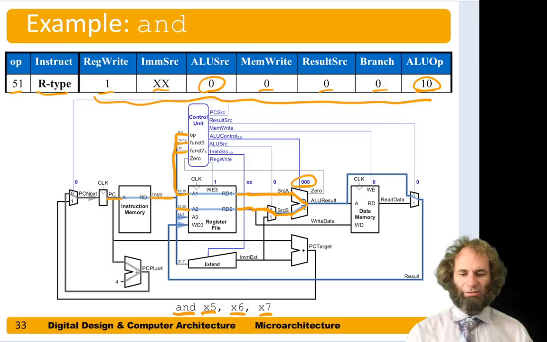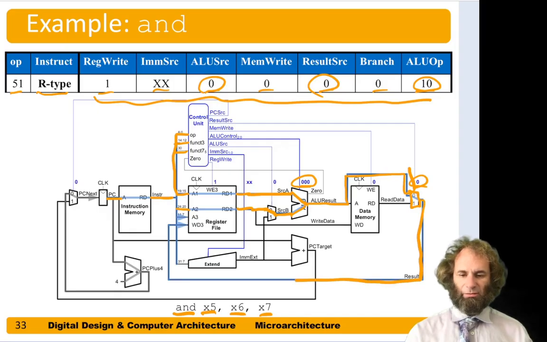We compute x7 and x6, get our result, and the result multiplexer is receiving result source of 0, telling us to choose this result from the ALU.